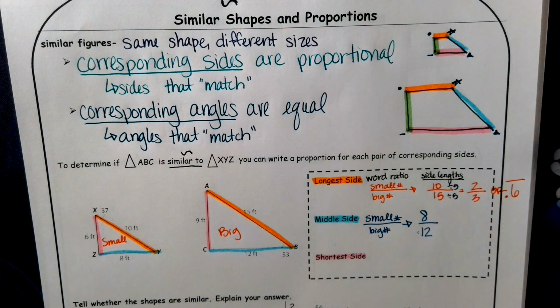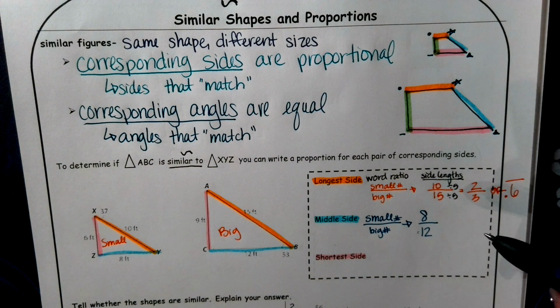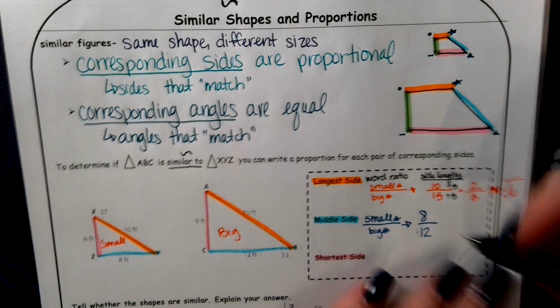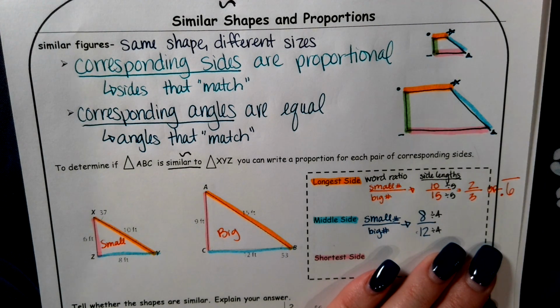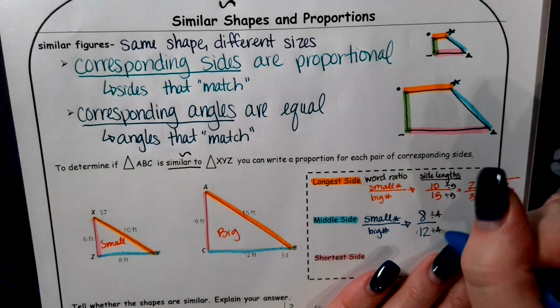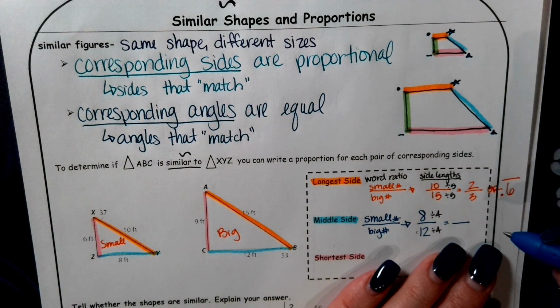So let's use the division way first. What number divides into 8 and 12? 4. So I can do 8 divided by 4 and 12 divided by 4. What is 8 divided by 4? 2.